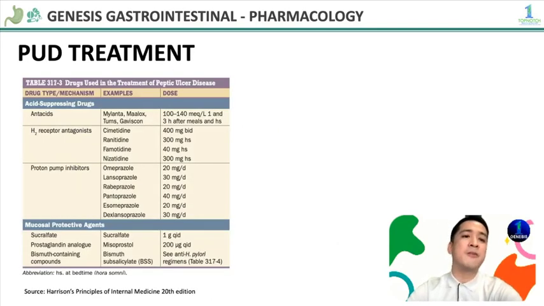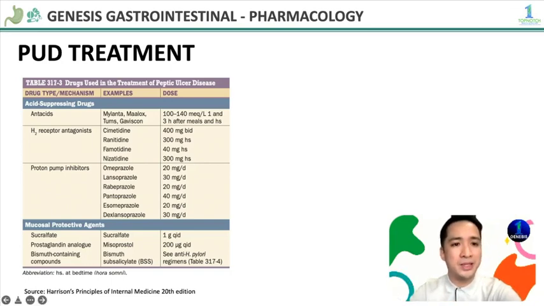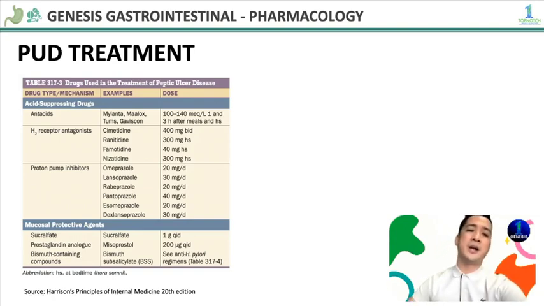So in the treatment of peptic ulcer disease, we have earlier discussed that PUD has different medications used. We have your antacids, for example, your Maalox, your magnesium, your aluminum, your Gaviscon, your Tums, and your Mylanta. Usually, these acid-suppressing agents are used to address acute attacks of PUD.